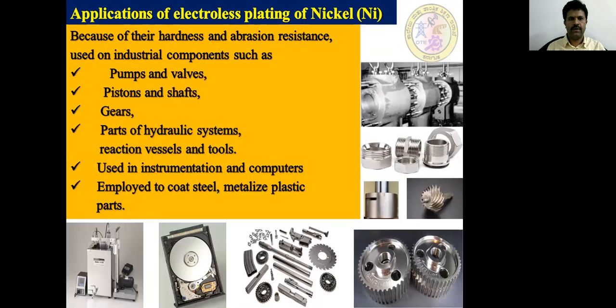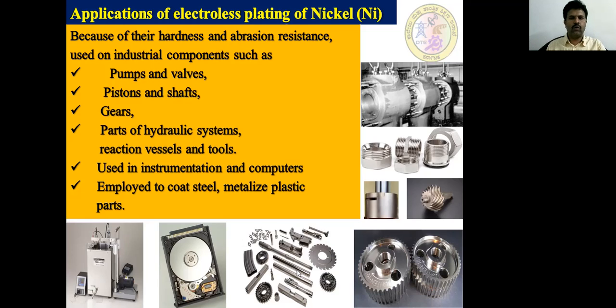And if you look at the applications of electroless plating of nickel, because of its hardness and abrasion resistance, it is used on industrial components such as pumps and valves, pistons and shafts, gears, and parts of hydraulic systems, reaction vessels and tools.